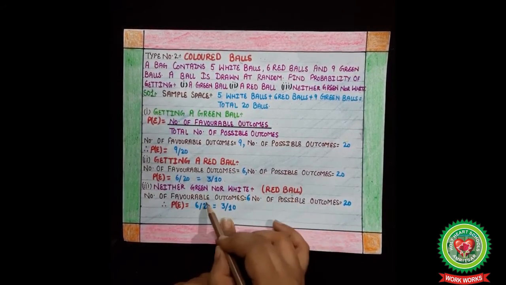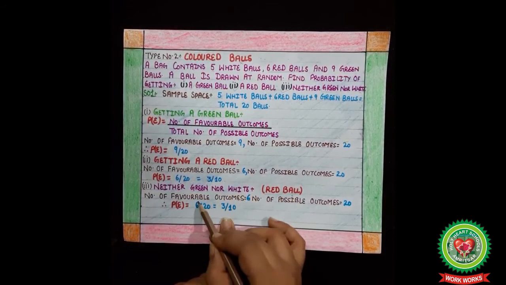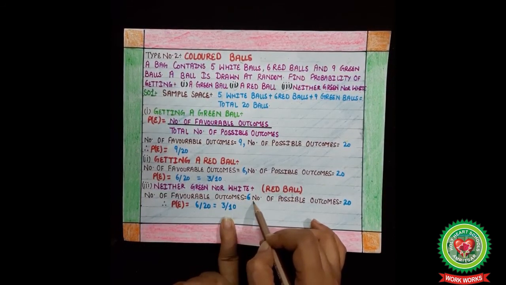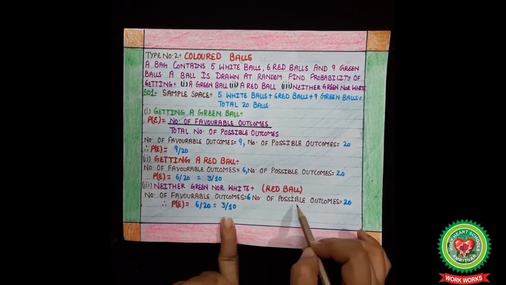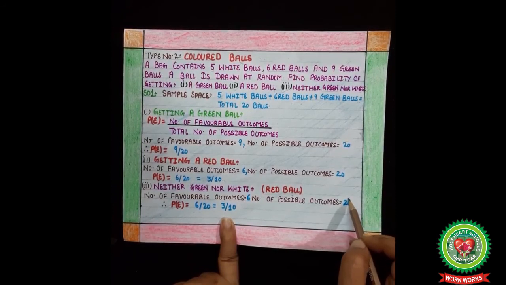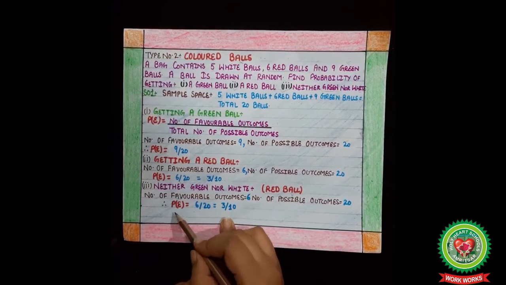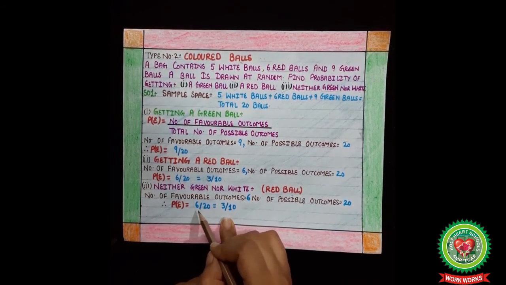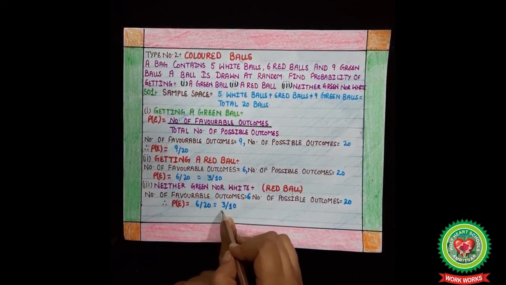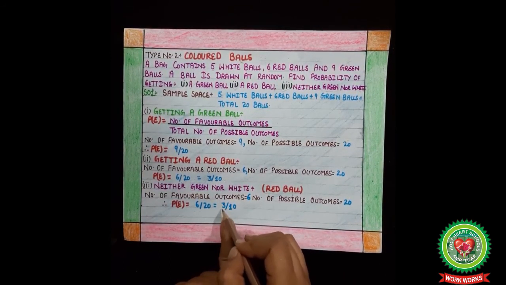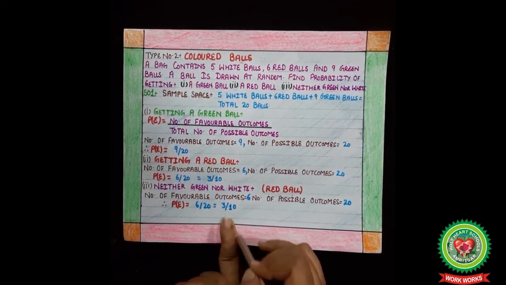So red balls are 6. So these are the number of favorable outcomes. And how many possible outcomes are there? Again the same, that is 20. Therefore P(E) is equal to 6 upon 20, and after cutting we will get 3 upon 10.